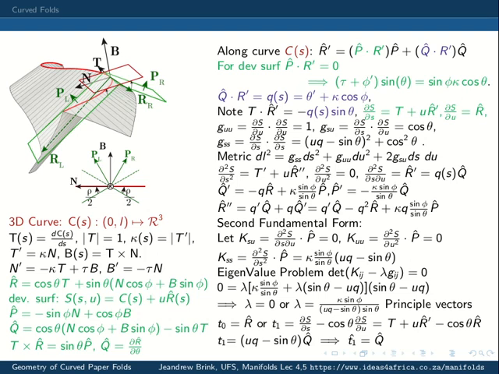Can you just put Q and P up there as well? P is just minus sine phi n plus cos phi b.